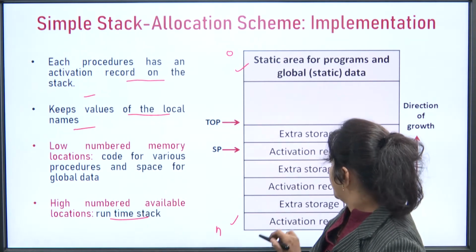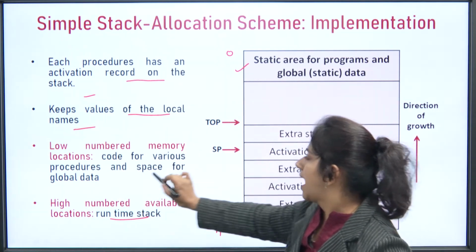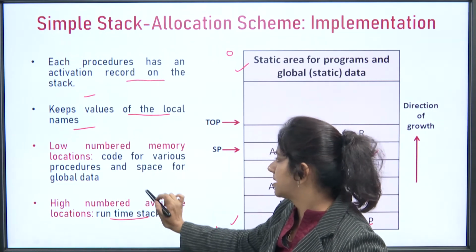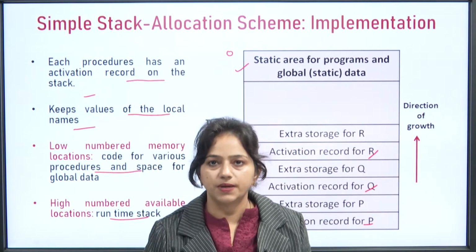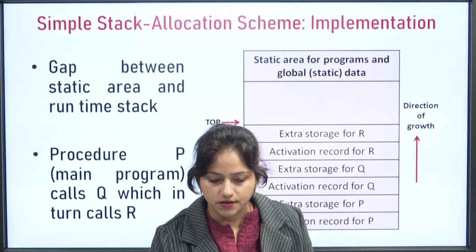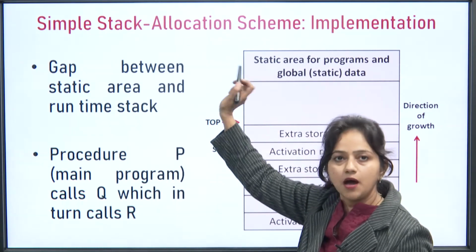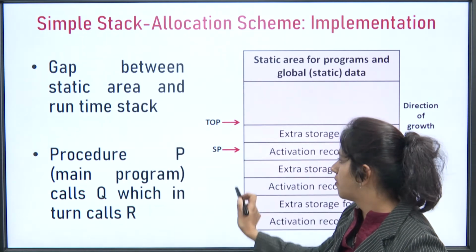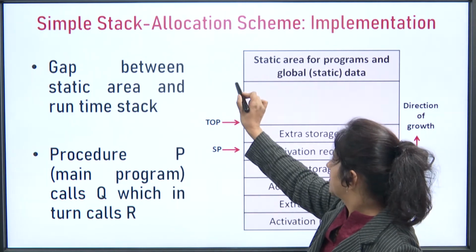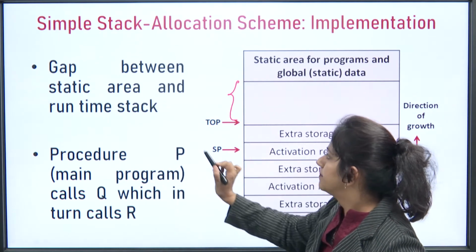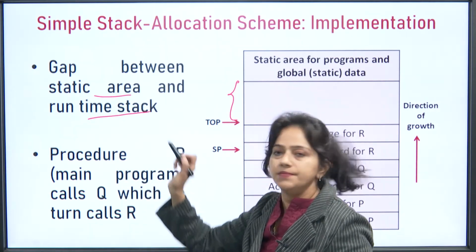So, here we store the runtime stack, and the low numbered memory location is the place to store various procedures or the space for global data. Observe here that there will be a gap between the static area or global area and the runtime stack.